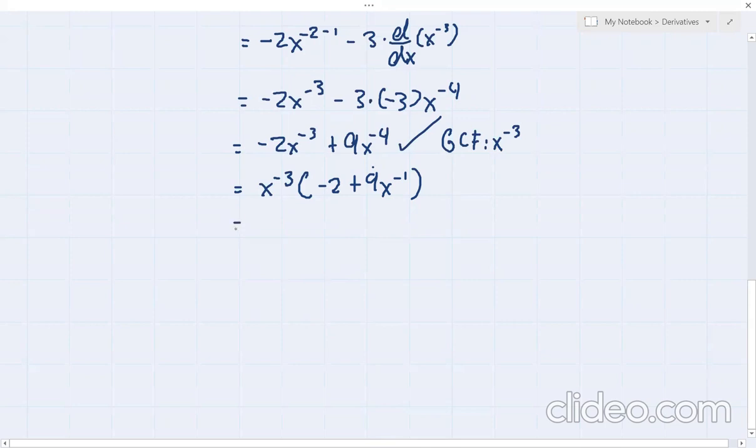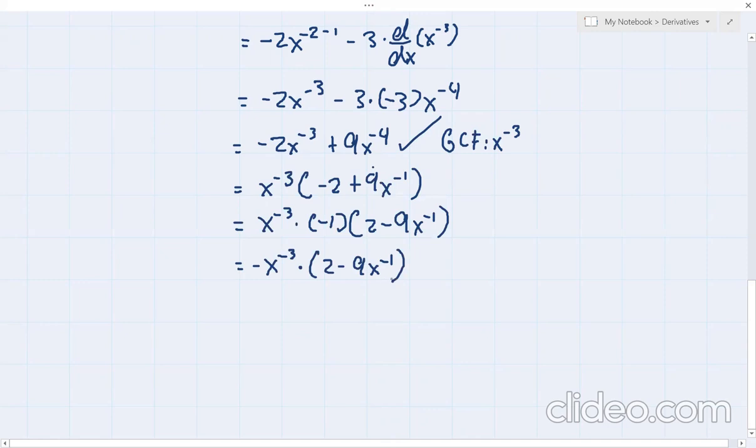I-factor out mo si negative 1. So magiging x raised to negative 3 times negative 1 times 2 minus 9x raised to negative 1. E di magiging ano na to? Negative x raised to negative 3 times quantity 2 minus 9x raised to negative 1. Okay? So pwede rin to, pwede rin to.